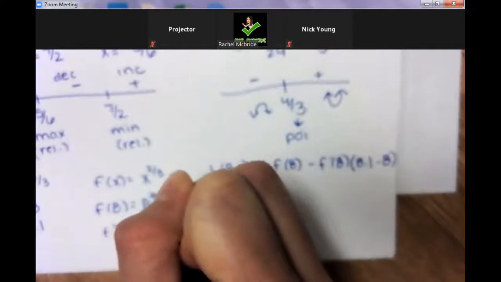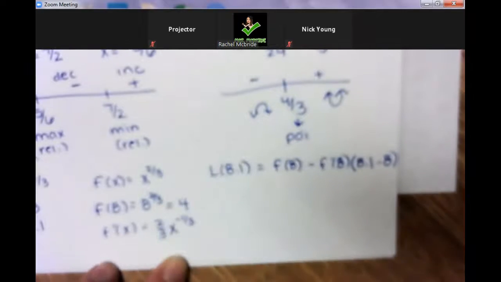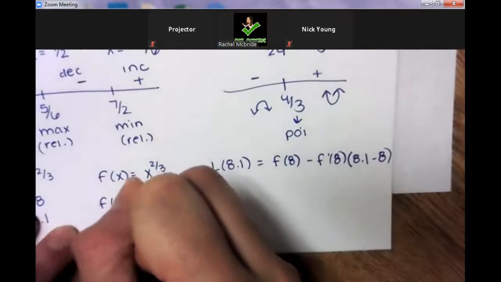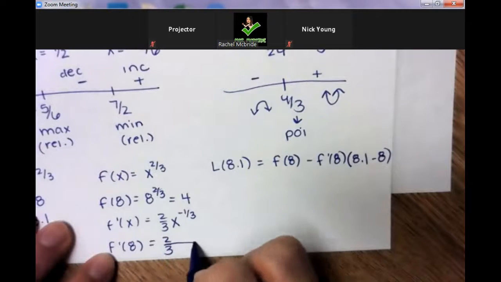F prime of x is 2/3 x to the negative 1/3. So f prime of 8 is 2/3, and you have a cube root of 8 down below.